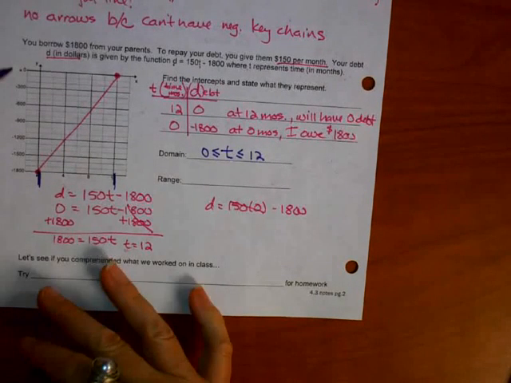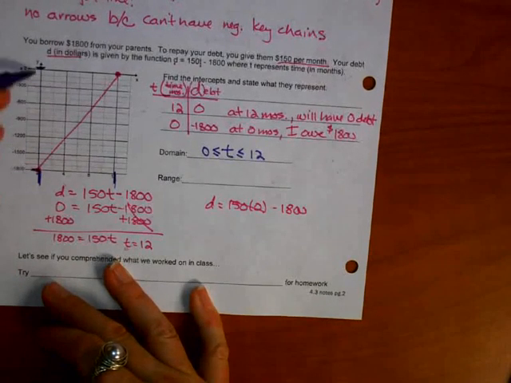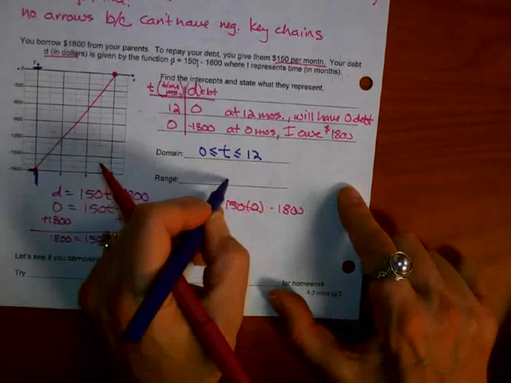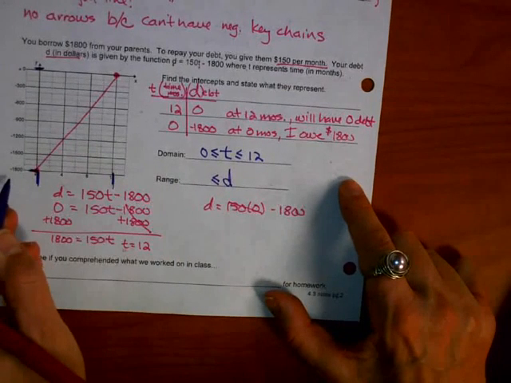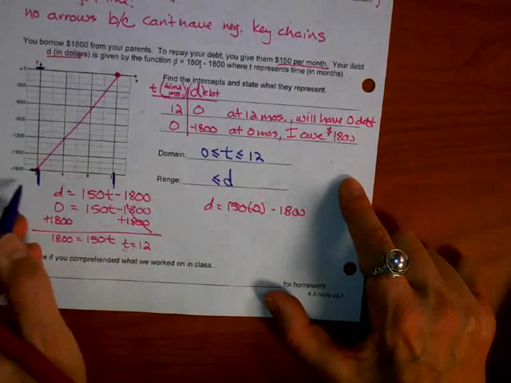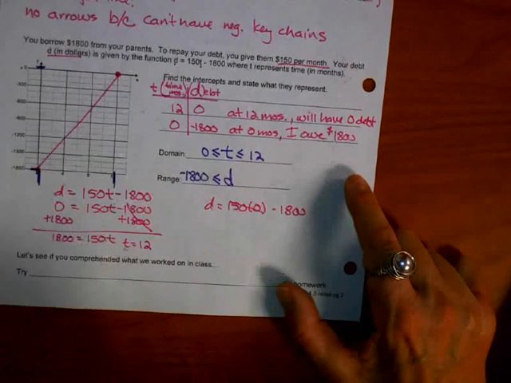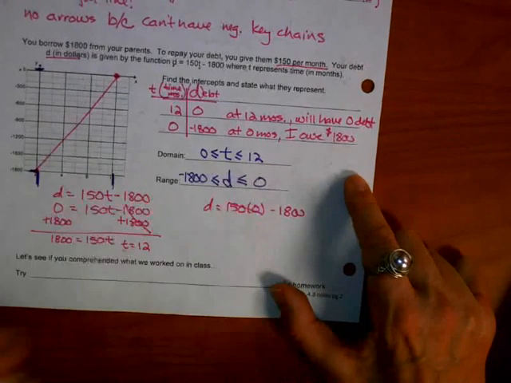Now my debt, my range is here. It's between what? 0 and what? Negative 1,800. So my D is going to be greater than or equal to negative 1,800 but less than or equal to 0.